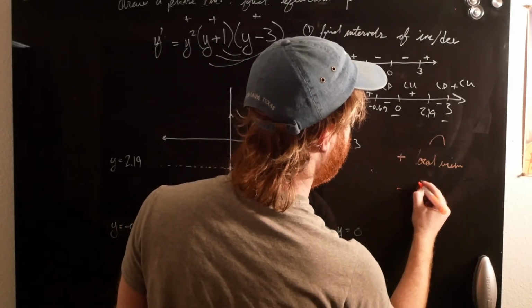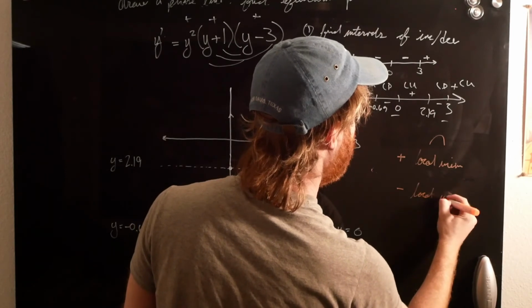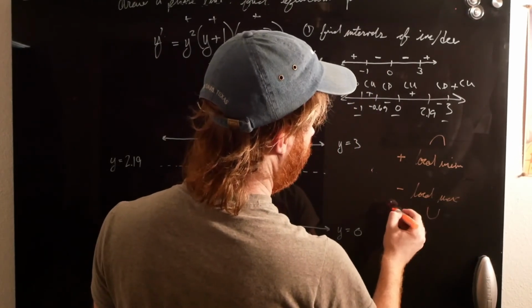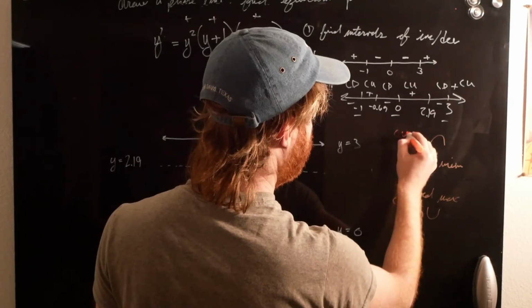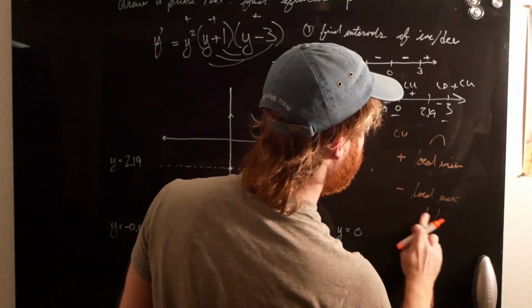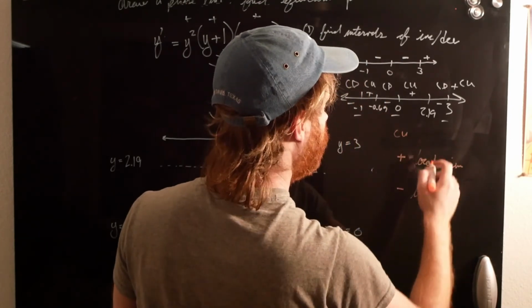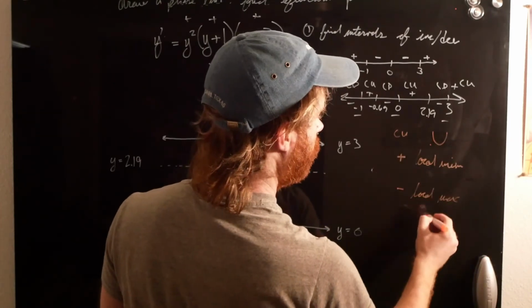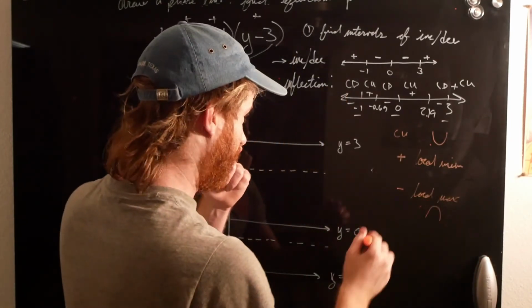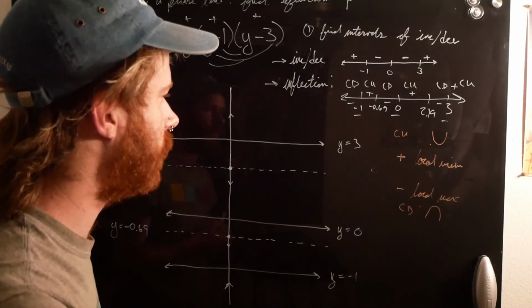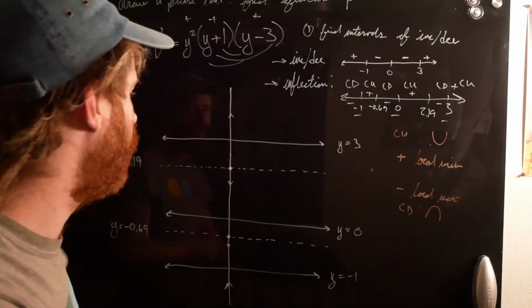If it's negative, it's a local max, and it's going to look like this. So concave up is going to be local min, concave down is going to be local max. And that is for the second derivative.